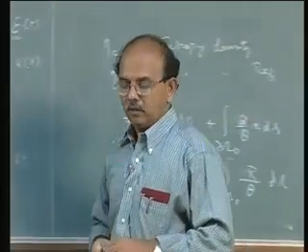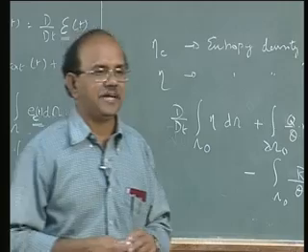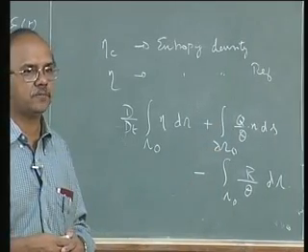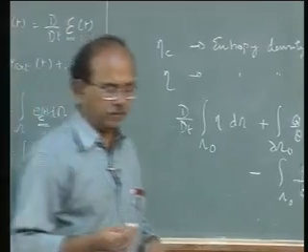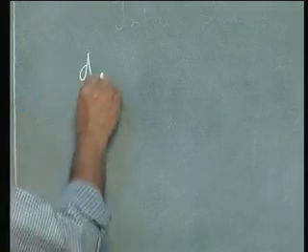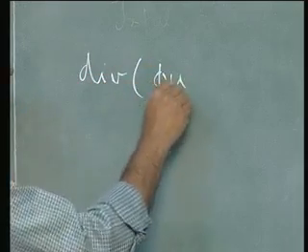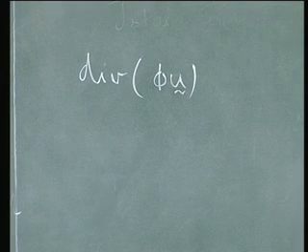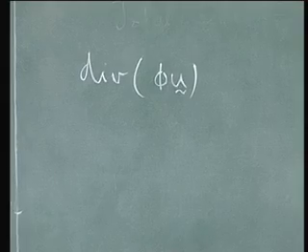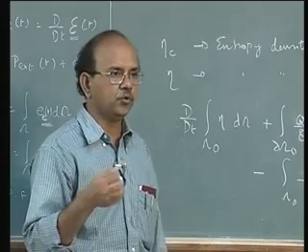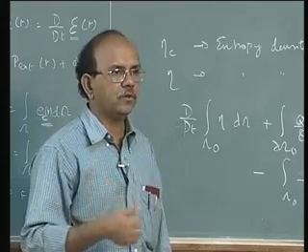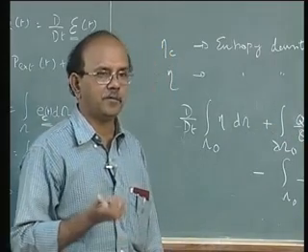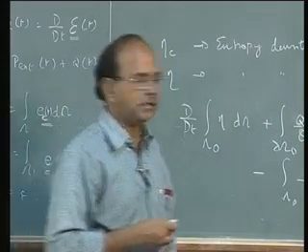Now let me apply the divergence theorem to this quantity. How do I apply it? Let me write down an equation for the divergence of phi u. This is like differentiating uv, u dv plus v du. Suppose I have a scalar quantity phi multiplying a vector u, then how do I write this?